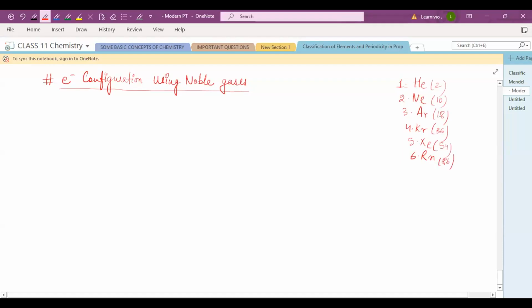Now, first step, always write down: identify the nearest noble gas before that element. It will be your first step.